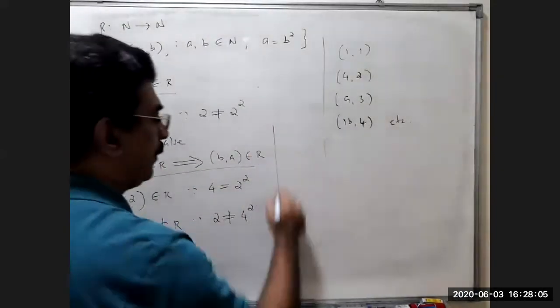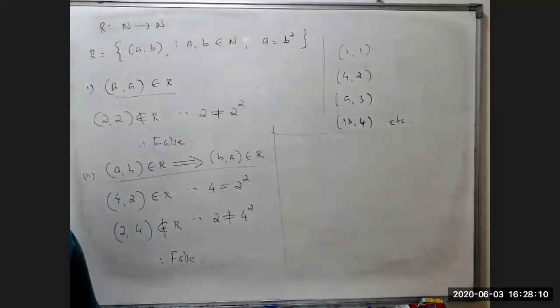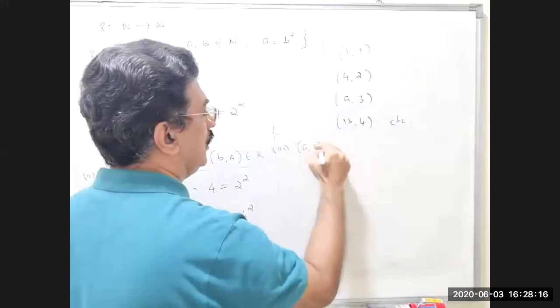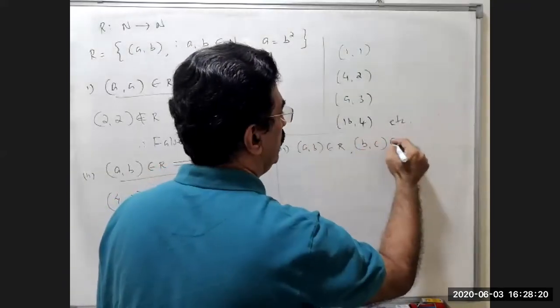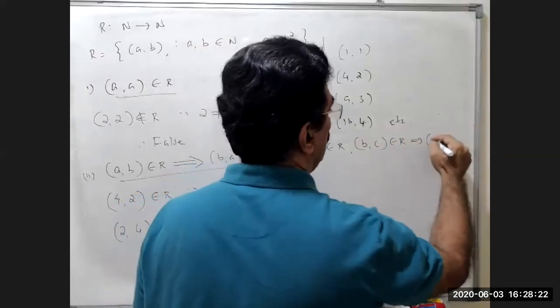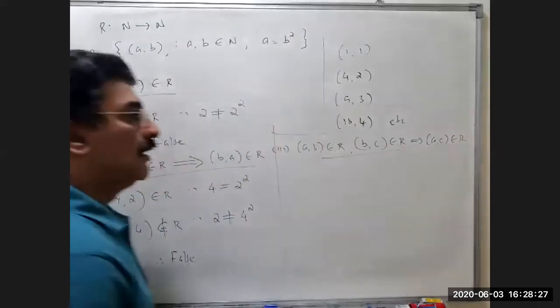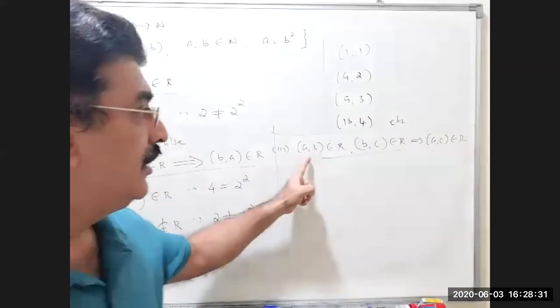Then the third one. What is the third one? AB belongs to R and BC belongs to R implies AC belongs to R. That means we need 3 numbers.